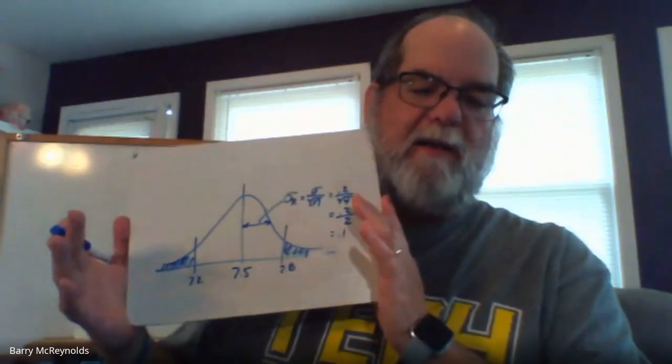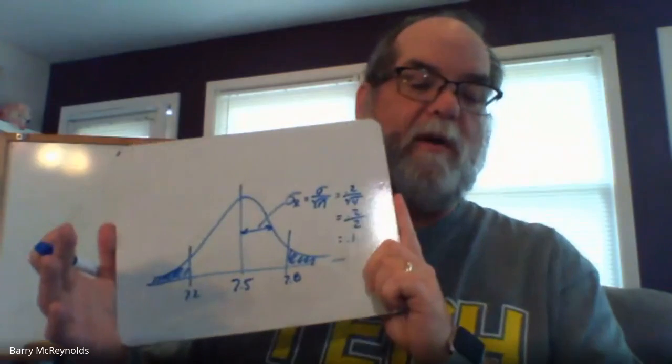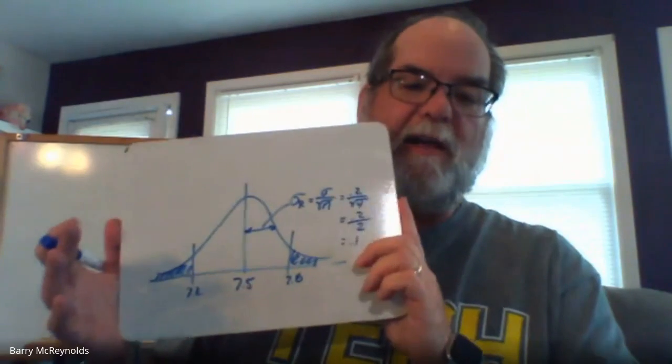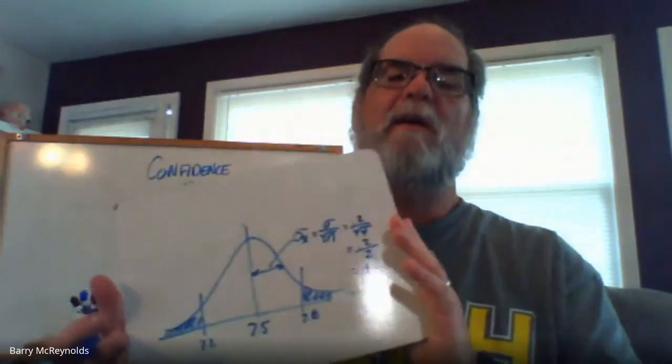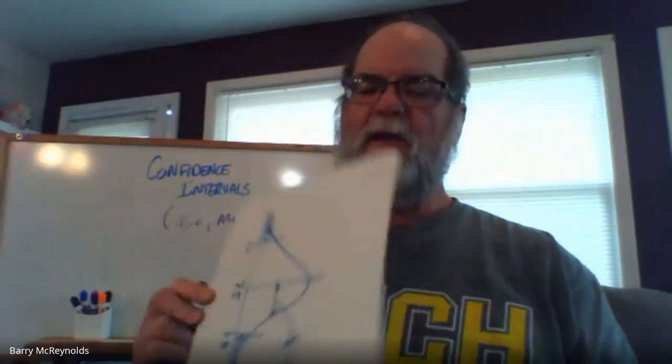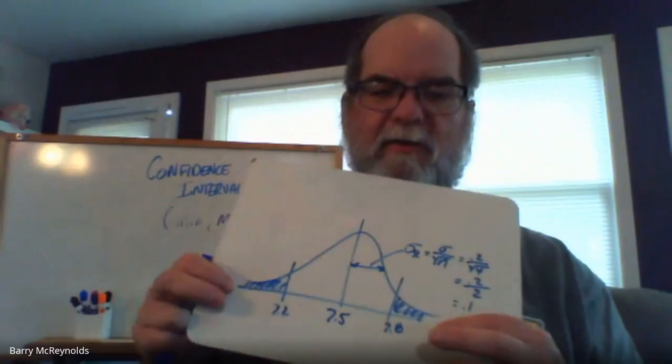We've done that probability calculation many times before. You can use table A, or honestly, I'd use the calculator to do that calculation. But you can find the probability of these 2 tails.